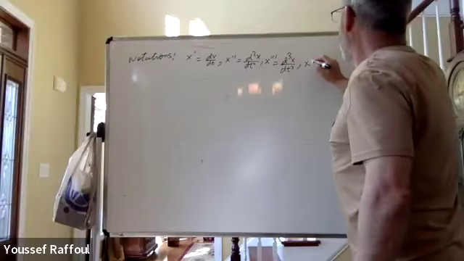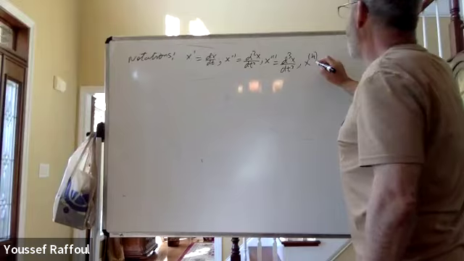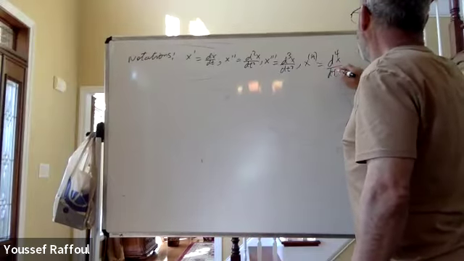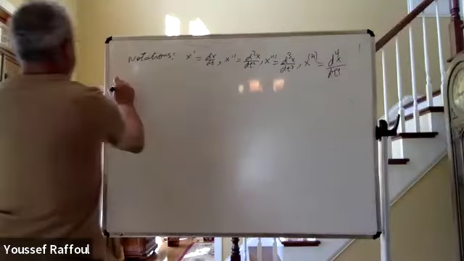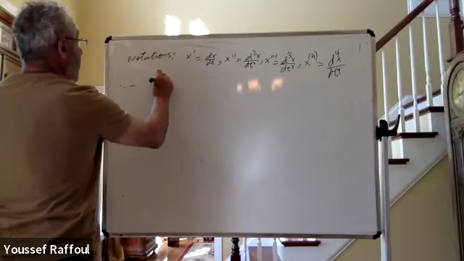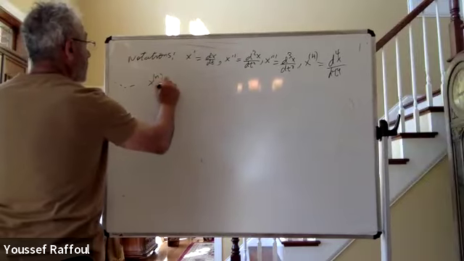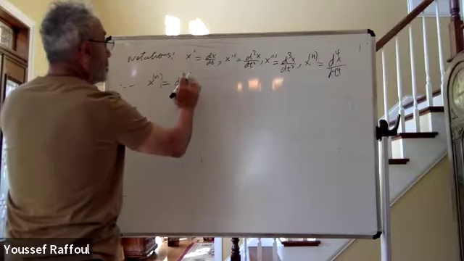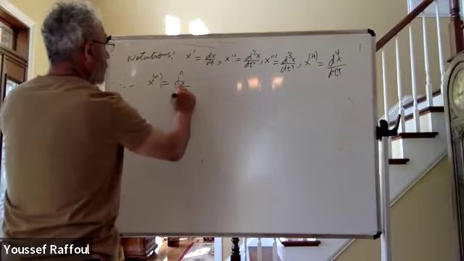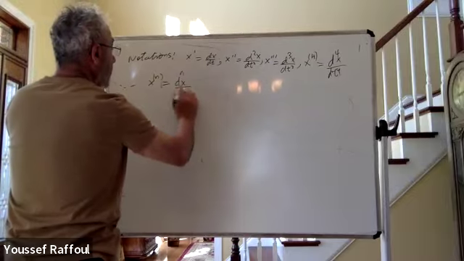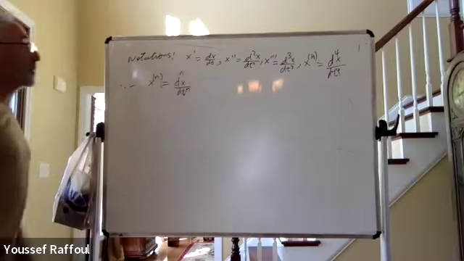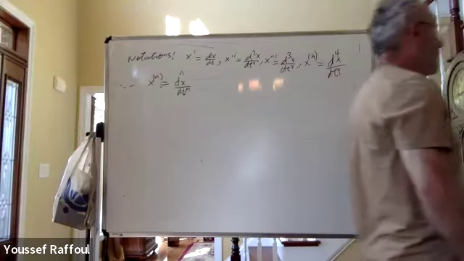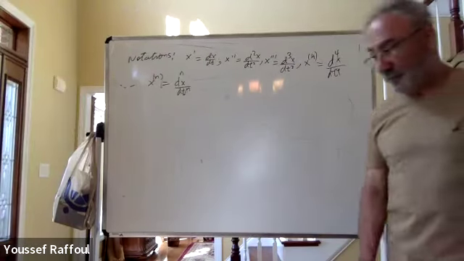And so forth until x to the n, which is equal to d to the n x over dt to the n. Okay? So sometimes we use this notation.